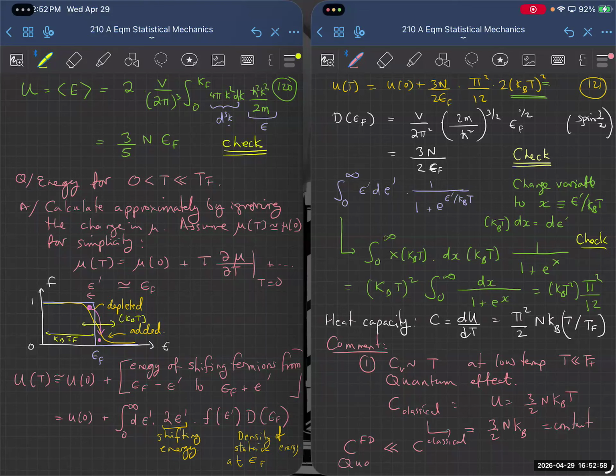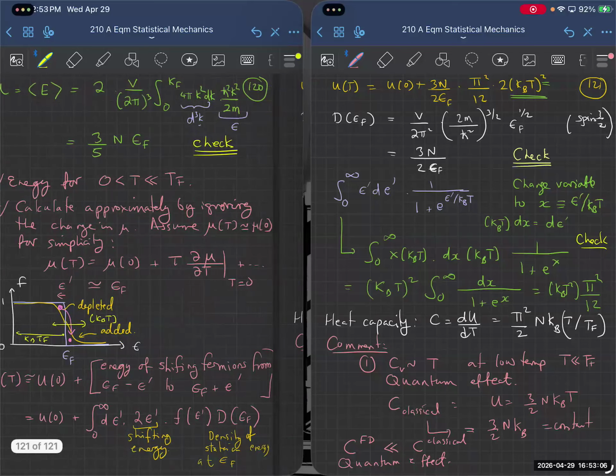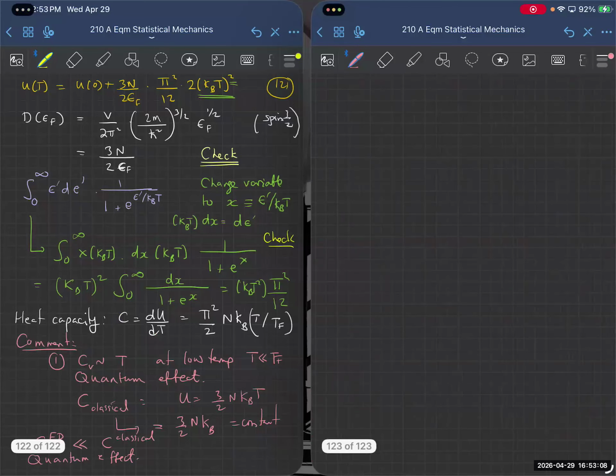And why is it a quantum effect? It's a quantum effect because only the particles that are near the Fermi surface can be thermally excited.